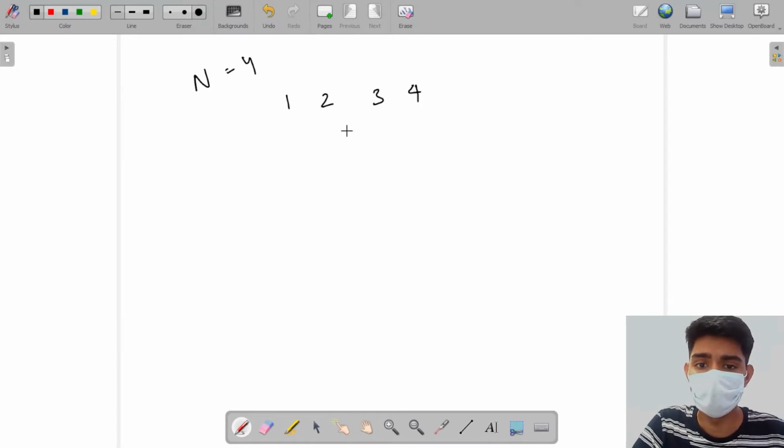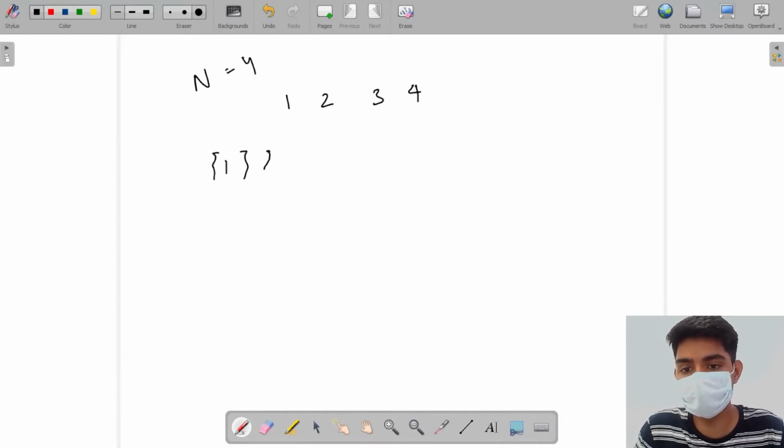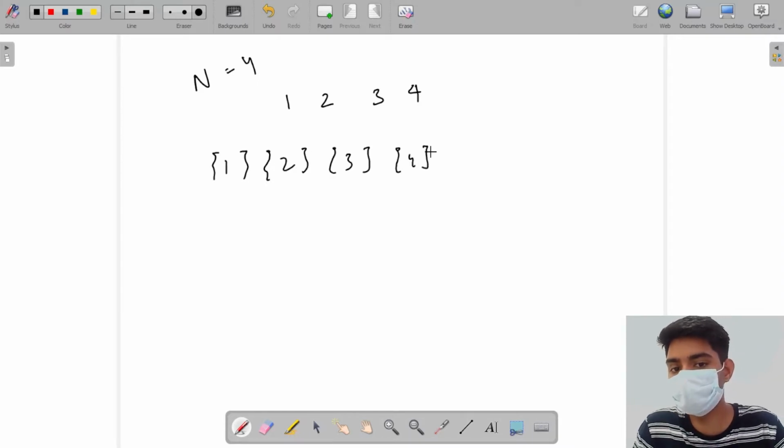Now in this question, let's assume that all of these friends are going to a party. They can either go in pairs or they can go alone. If they are going alone, all of them can go alone.